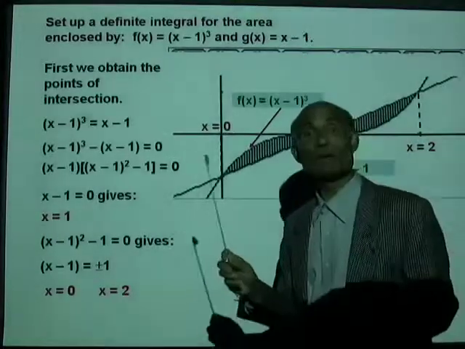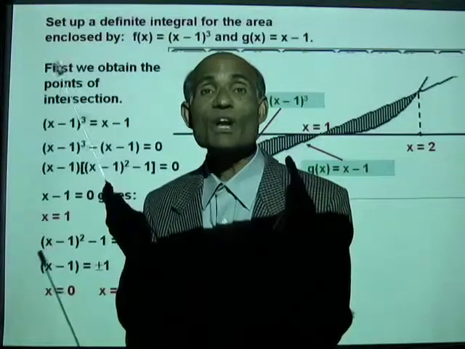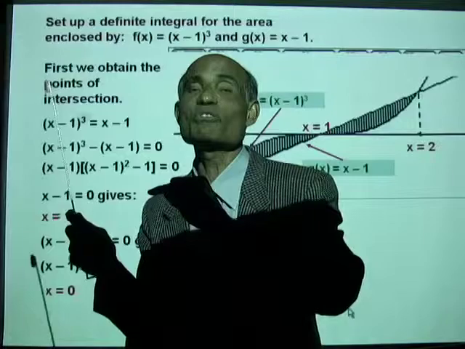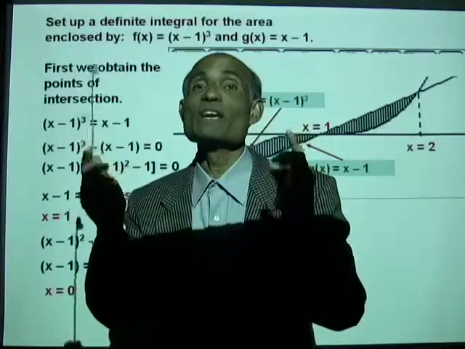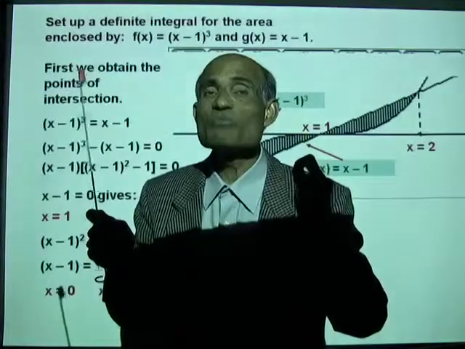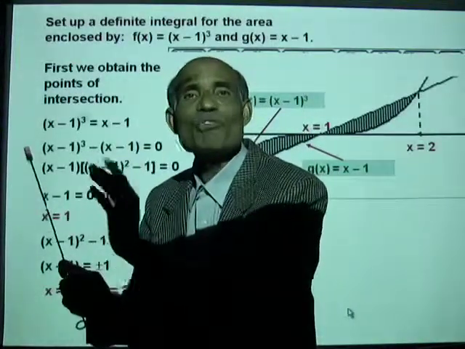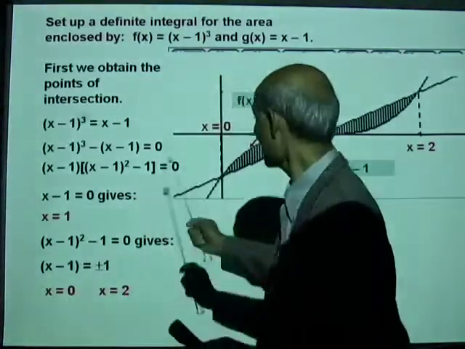If you remember the general form we set up, the area enclosed by the graphs of f of x and g of x from x equal to a to x equal to b is integral a to b, the upper function minus the lower function dx. Now, there's a problem here.